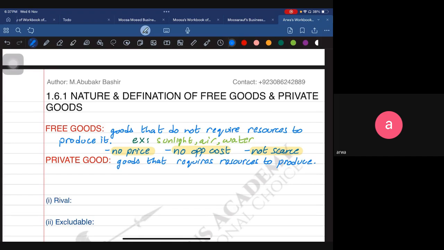And these goods have a price to pay, there is opportunity cost, and they are scarce.